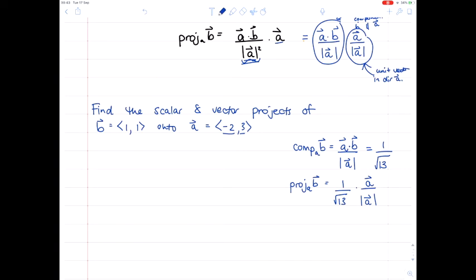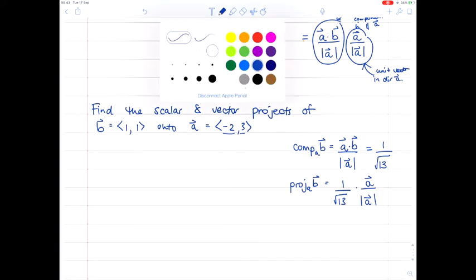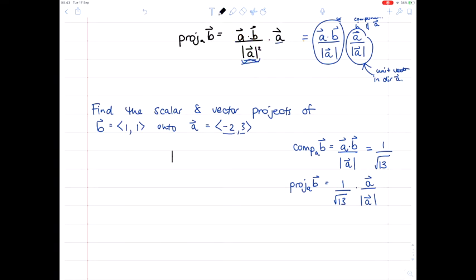So let's do a sketch here. We'll try and do this as accurately as possible. So I'm going to have my y-axis and my x-axis. So let's have 1, 2, 0, minus 1, minus 2, and 1, 2, 3 in my y direction. And let's plot out two vectors.